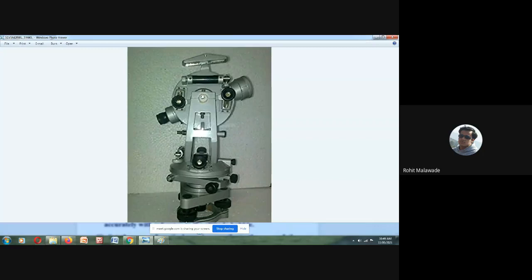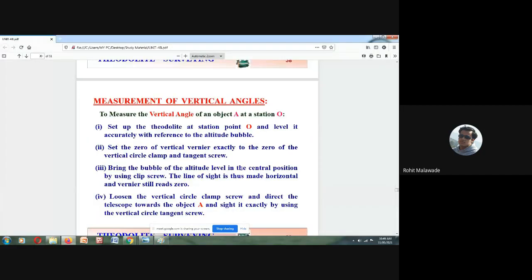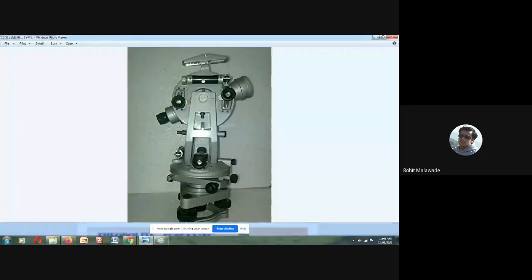Then set the zero of the vernier exactly to the zero of the vertical clamp and tangent screw. Loosen the vertical clamp and bring the zero of the main scale to the zero of the vernier, so the telescope is exactly horizontal.